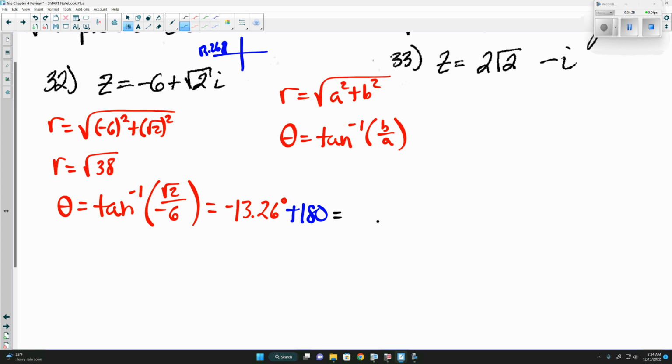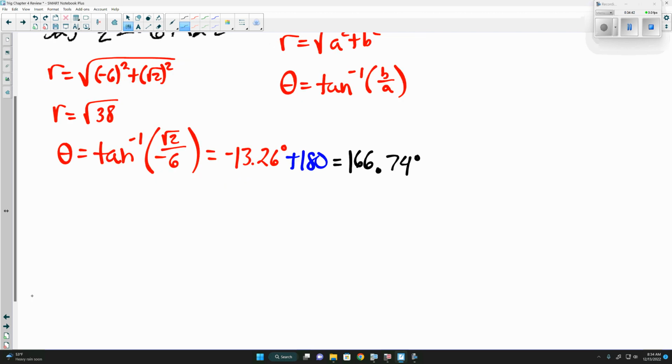Which is going to give us 0.43742. So our angle is actually 166.74. Okay?